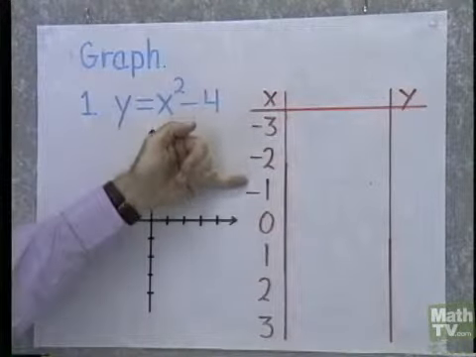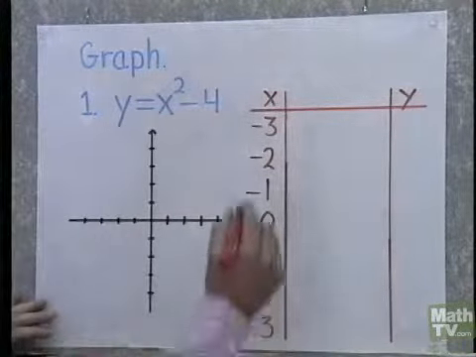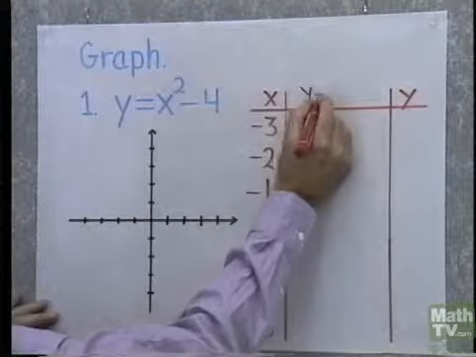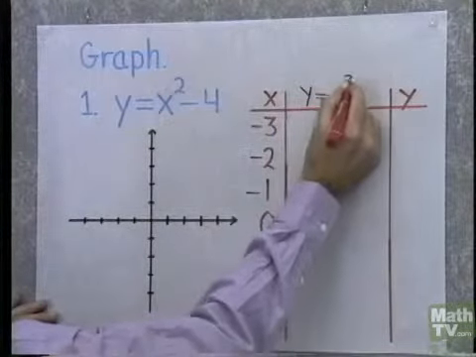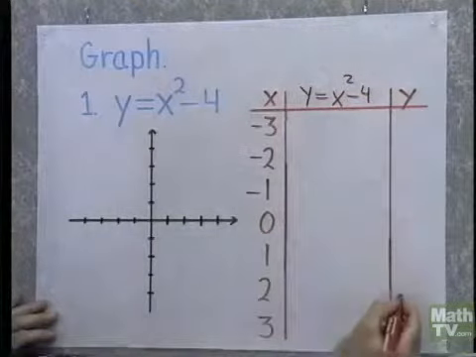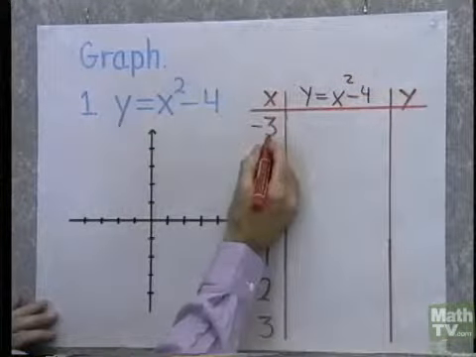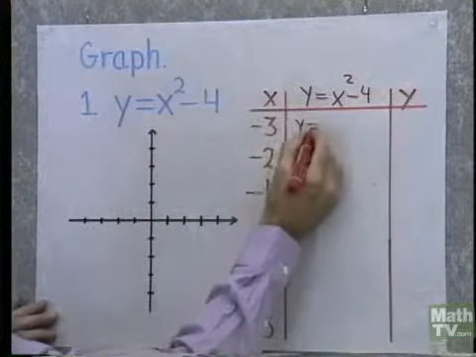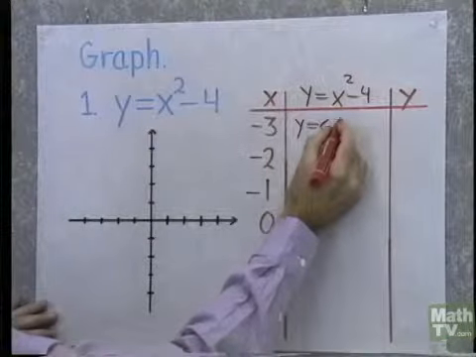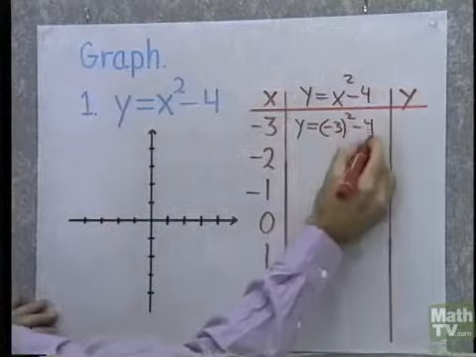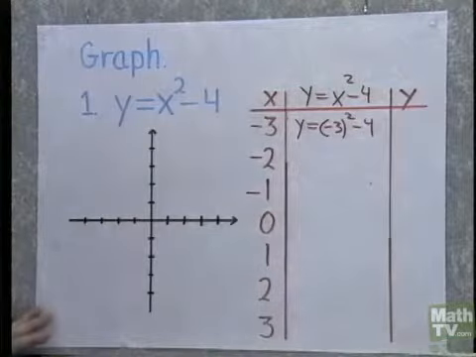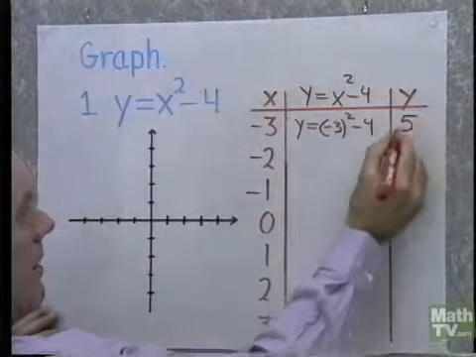here. Here's the values of x I want to substitute in. I'm going to substitute them into my equation, y equals x squared minus 4, and that will give me my corresponding values of y. So when x is -3, y is equal to -3 quantity squared minus 4, which is 9 minus 4, which will be 5.